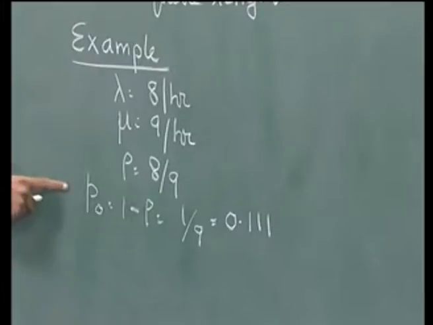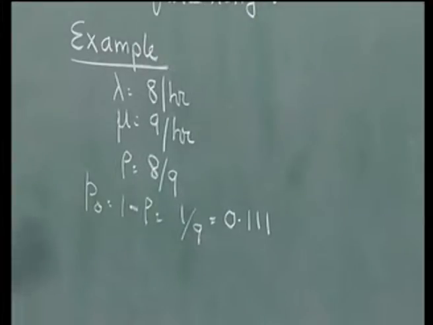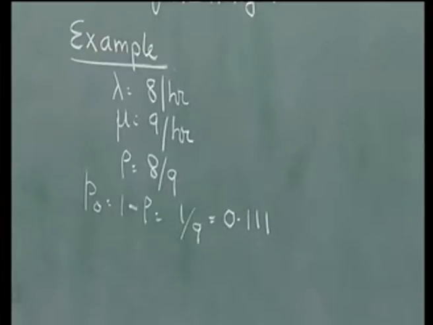P naught equal to 0.111 tells us that there is a probability of 0.111 that there is no person in the system. So, P naught is the probability that at steady state there is no one in the system, and that is 0.111, or 11.1% of the times there is nobody in this system.